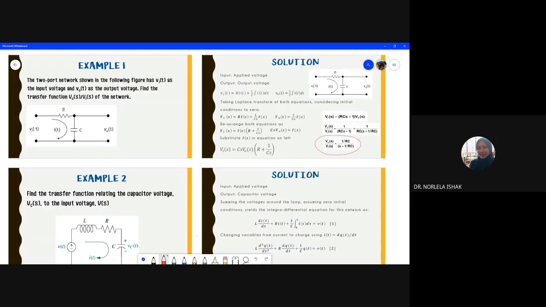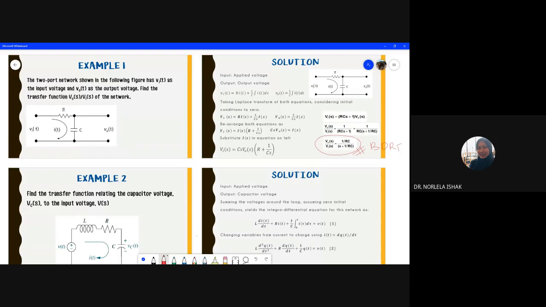Okay, we call this the mathematical equation, based on the derivation. So for today, I want to share how we define the transfer function using the block diagram reduction technique. Okay, how to get the transfer function using the block diagram reduction technique.